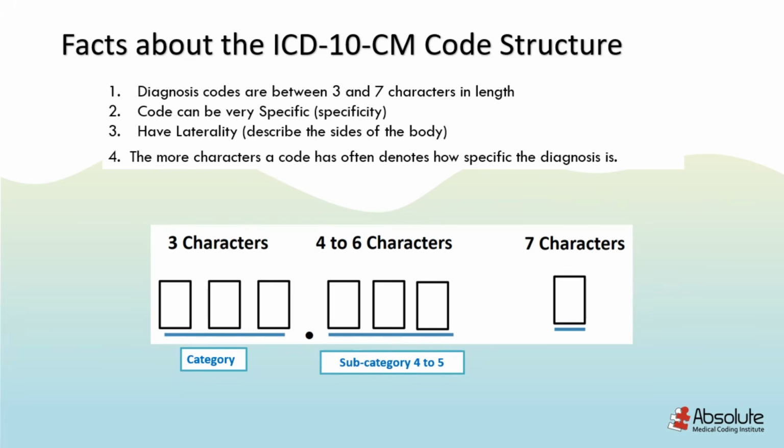This is called a subcategory code. And the 6th to 7th character space, it's called a code. I know it's confusing because we don't call ICD-10-CM categories, ICD-10-CM subcategories. We call them codes. Yes, they are codes. But these are the formal terms of the code, and it's important that you know what they are.